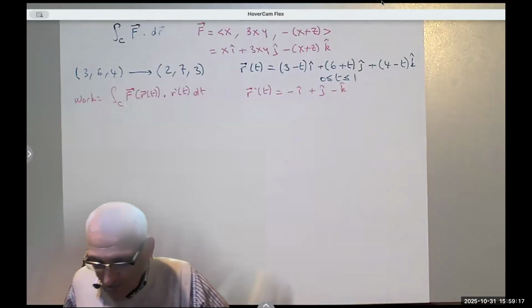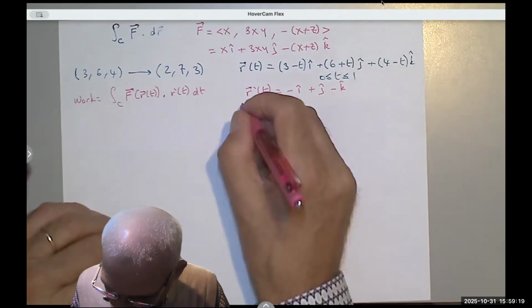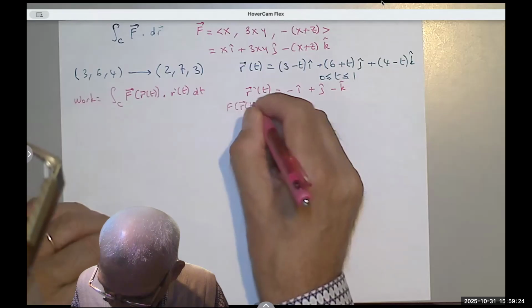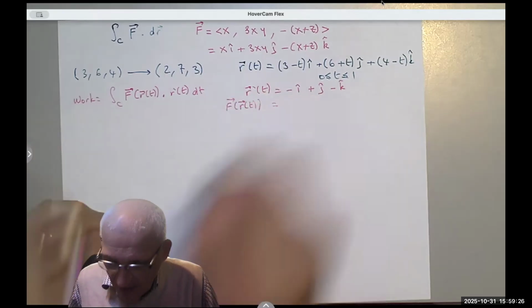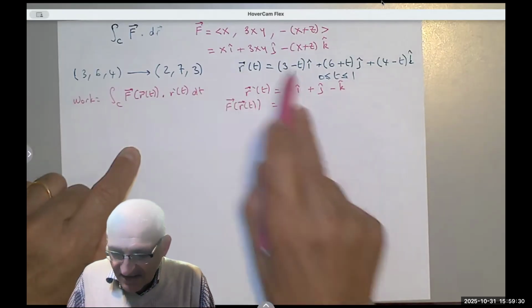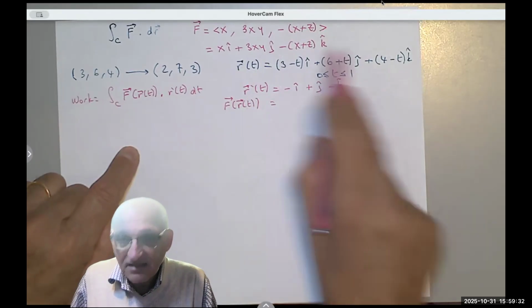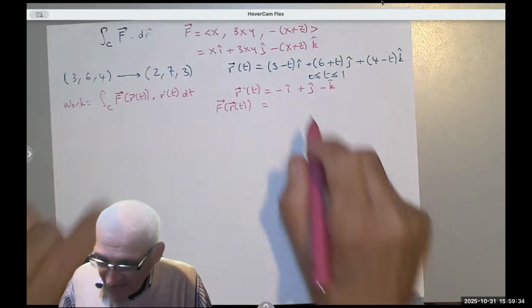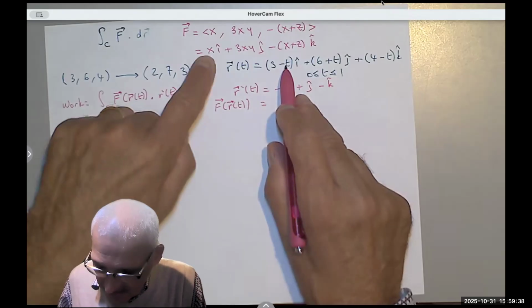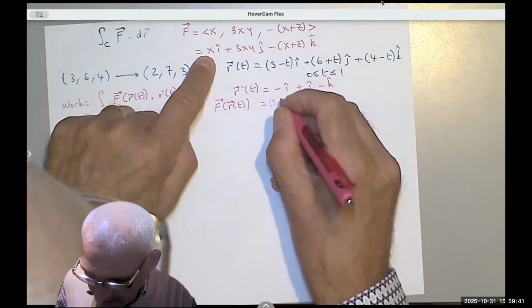And then when you do the force, you have to write the force of r of t using now the x is this, the y is that, and the z is that. So I have 3 minus t is the x. This is x, so it would be 3 minus t i.